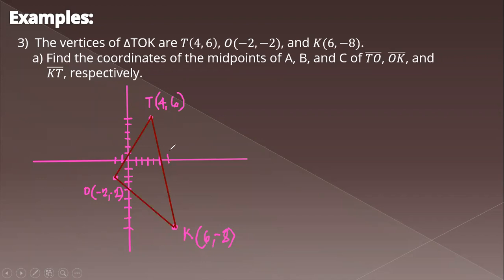Let's do the midpoint of TK. 4 plus 6 is 10, divided by 2 is 5. Comma, 6 plus negative 8 is negative 2, and divided by 2 is negative 1. So the midpoint of TK is 5, comma, negative 1. So 1, 2, 3, 4, 5, negative 1. Let us move this closer a bit.